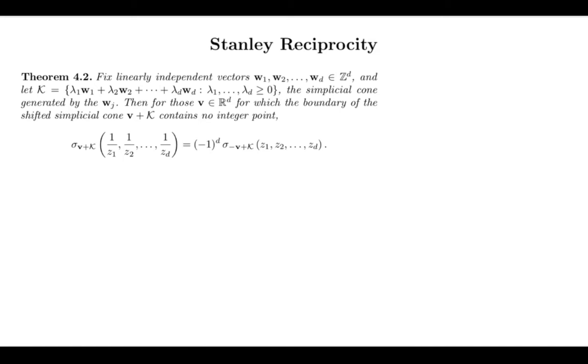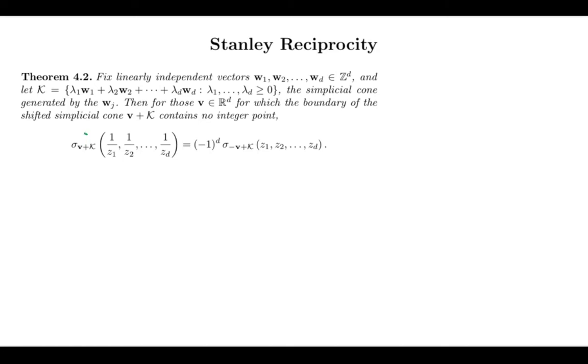We have seen if we take a simplicial rational cone and shift it by a real vector, then the integer point transform evaluates to a rational function. And so this preparation result for Stanley reciprocity is about the situation where we have a rational simplicial cone that we shift by some vector v such that the boundary of the shifted cone contains no integer point.